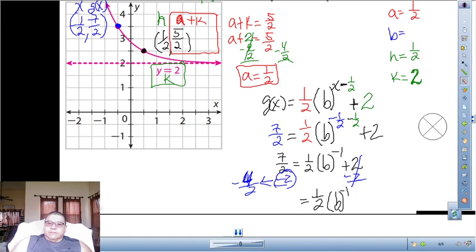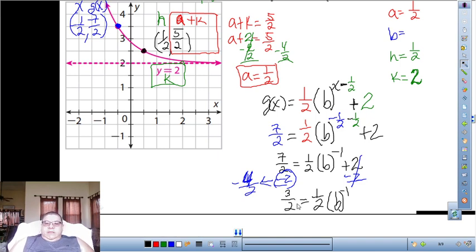Let me rewrite this, it's kind of ugly. All right, so we still need to leave b by itself. So I need to get rid of this half. To get rid of this half, I need to multiply times 2 times 2. So this is 6/2 equals, this is a giant 1.